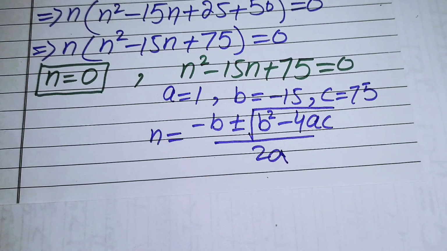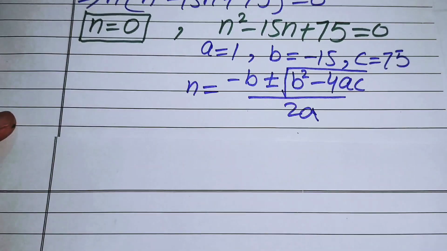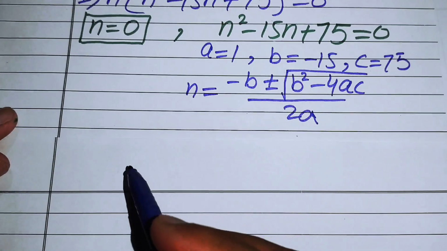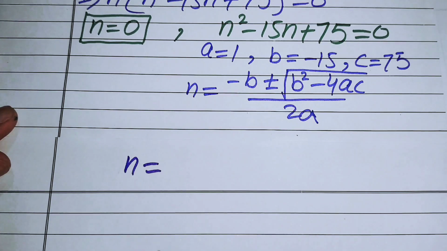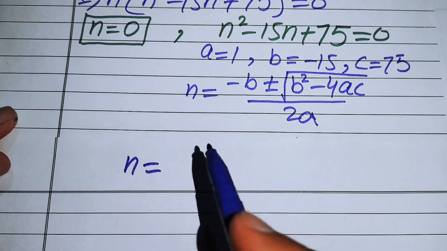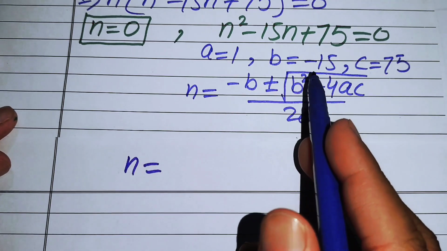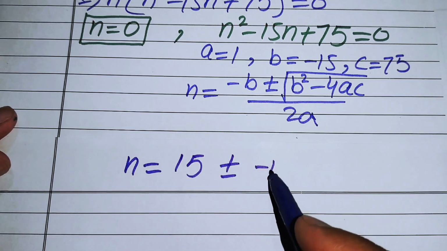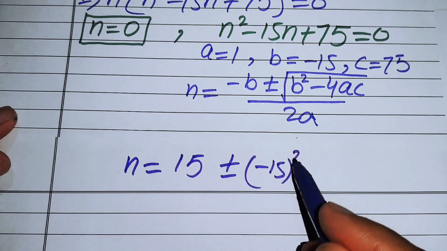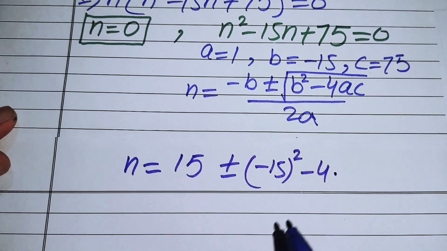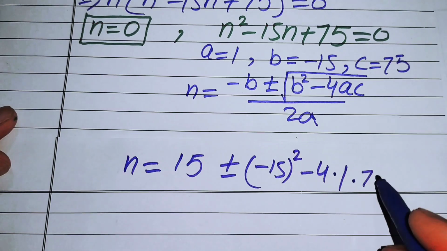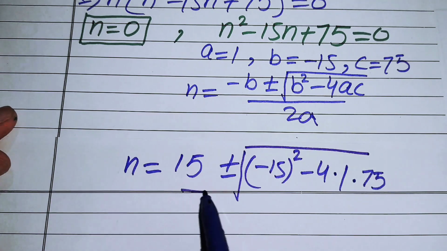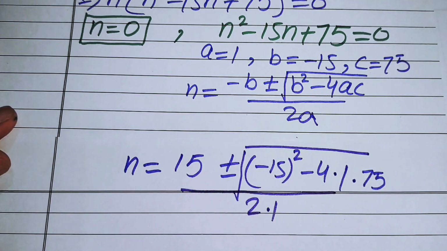So now this is our quadratic formula, and now we put all the values of a, b and c in this formula, and you will get its output in the form of n equals to minus b, and you have the value b is minus 15. So when you put here, then you get 15 plus minus square root of minus 15 squared minus 4 times a is 1 and c is 75, and this whole square root over 2 times a is 1.